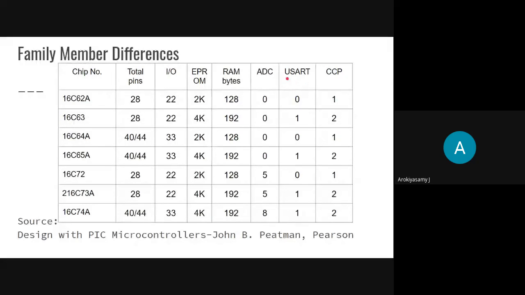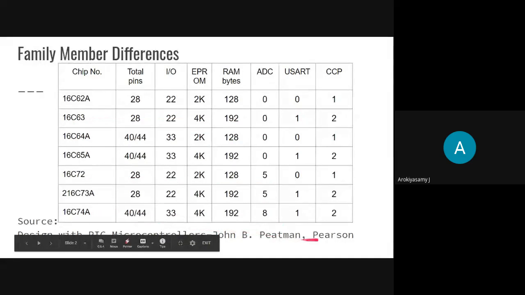If you have this section in your chip, then you can communicate serially with the peripherals. That is the importance. In 72 and 62A, there is no USART provision. In other chips, USART is provided. Those are the several peripheral functions.